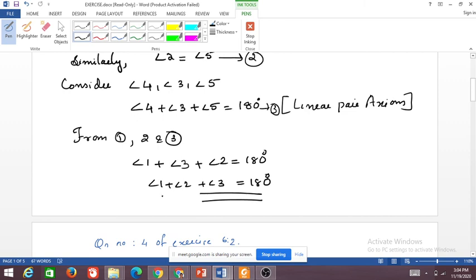But how can we know, ma'am? How will we know what, Ramya? Here you prove that angle 1 plus angle 2 plus angle 3 equals 180. But how can we know whether it is equal to 180 or not?